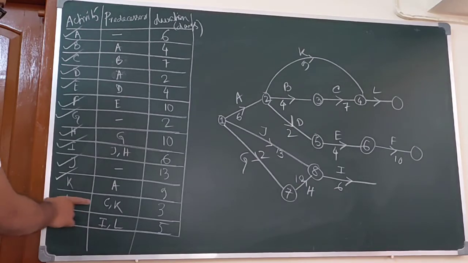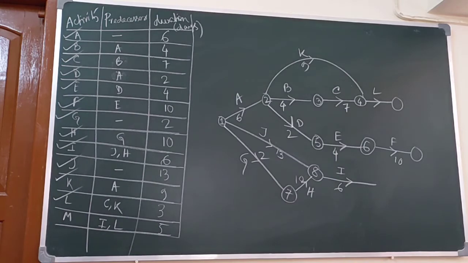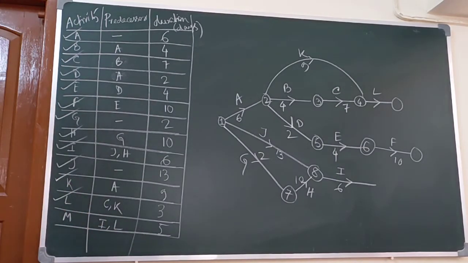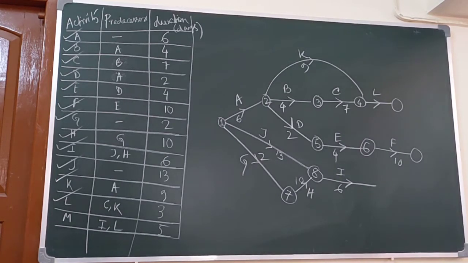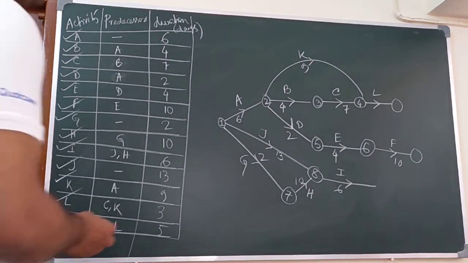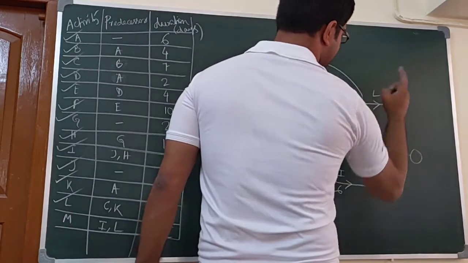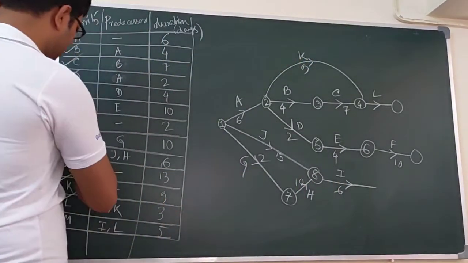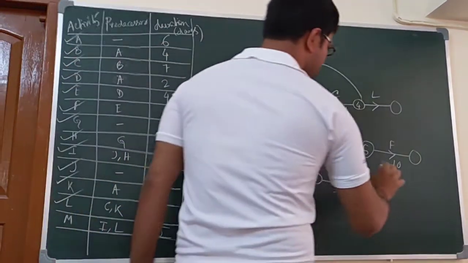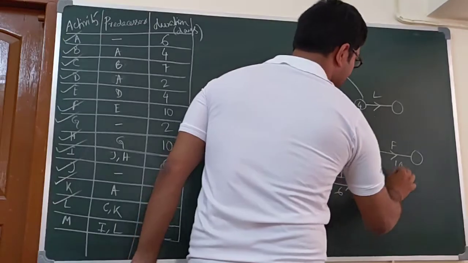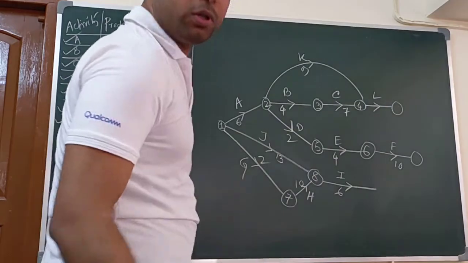Now L comes from C and K. So L is complete, and N comes from both I and L. N comes after the completion of both I and L. Here this is I, this is L, and F will probably be the last node. L and I should be joined in the same node.